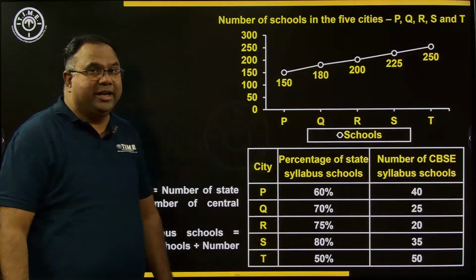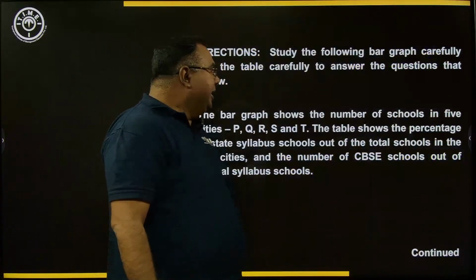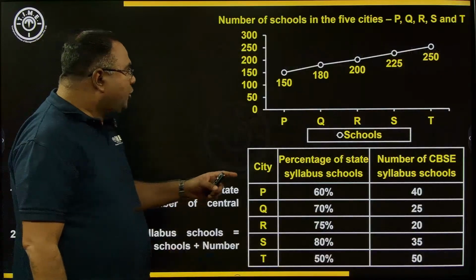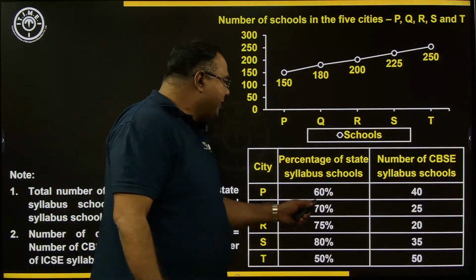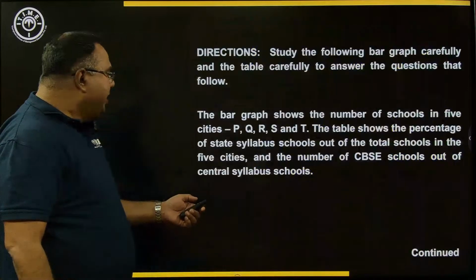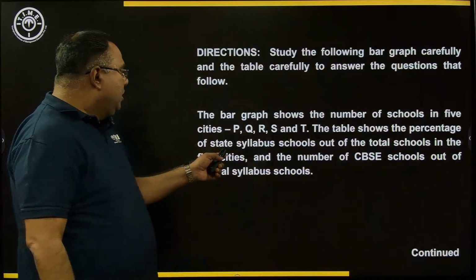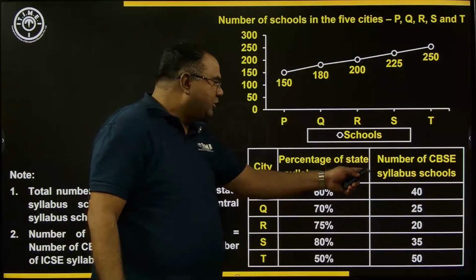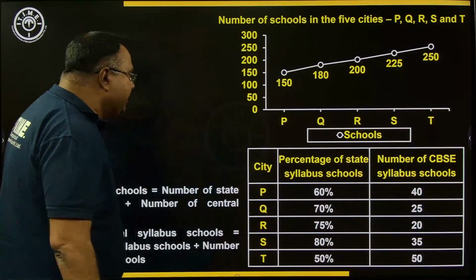Again, you have to simplify the data, then only it will become easy. The table shows the percentage of state syllabus schools out of total schools, and the number of CBSE schools out of central syllabus schools. Now he has given two notes here.